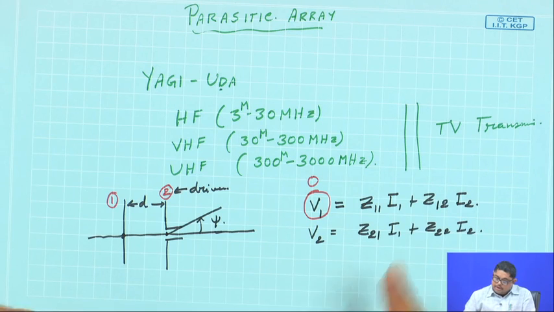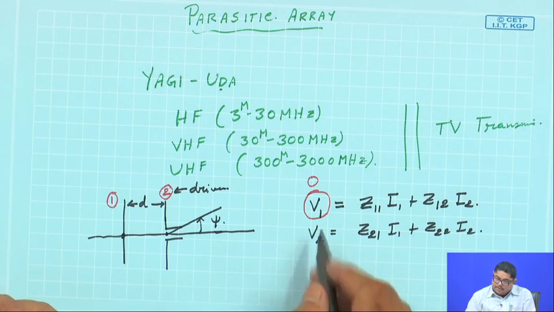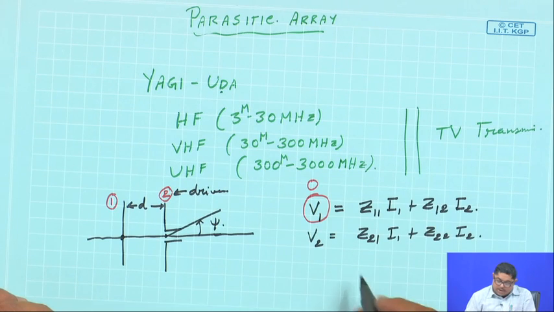So now I can solve for I 1 and I 2. What will be I 1?